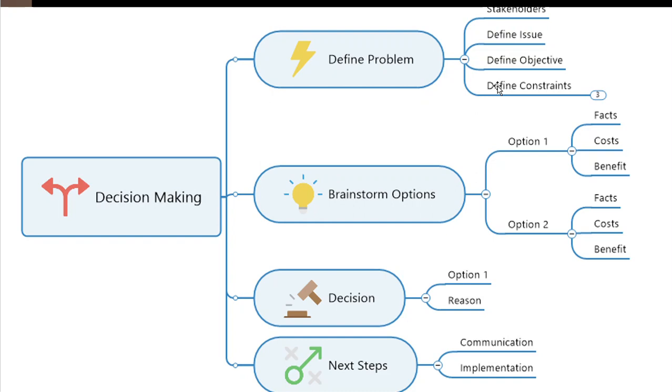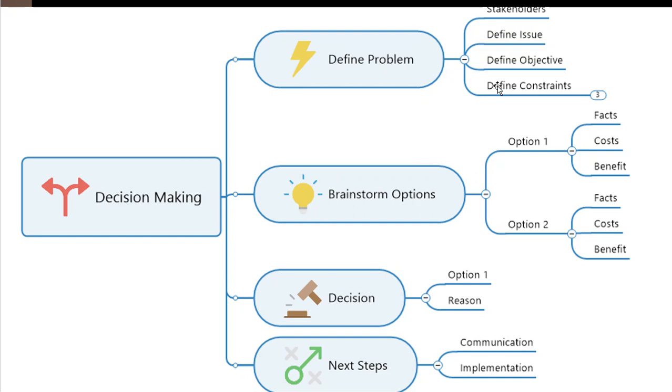You go to the brainstorm options. Okay, you try to throw out the ideas. Just let your ideas flow freely from your head.